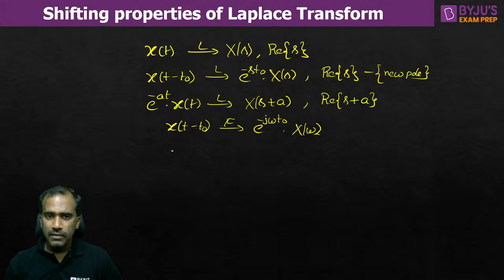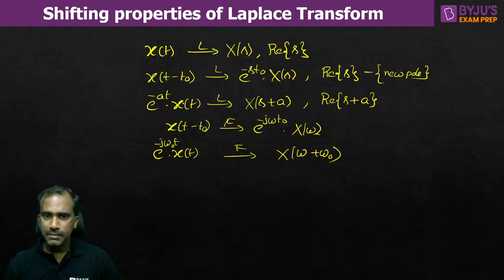Similarly, x of t into e power minus j omega naught into t, Fourier transform is x of omega plus omega naught. Same properties, time shifting property of Fourier transform, and instead of S shifting property, frequency shifting property of Fourier transform. Similar, similar, similar.